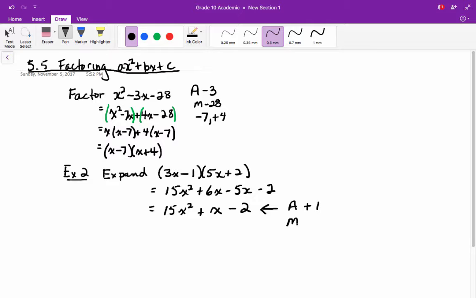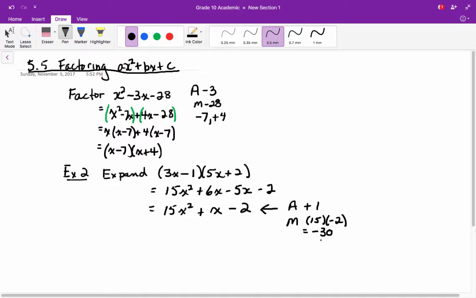But this time we're looking for two numbers that multiply to 15 times negative 2, so they multiply to a times c. This ends up being negative 30. Two numbers that add to 1 and multiply to negative 30 are positive 6 and negative 5.